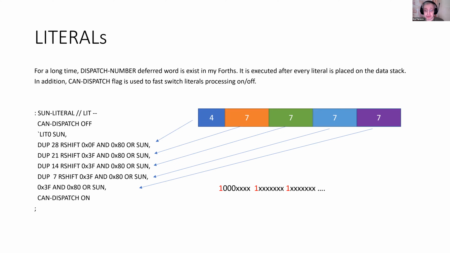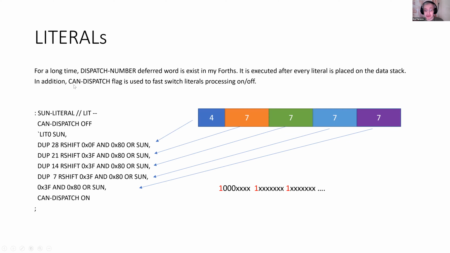By default, it's empty, so no special action is performed with the number on the stack. But if I define, for example, some literal word, I can assign this word to the dispatch number vector and use it every time I'm typing a number for my Forth CPU.